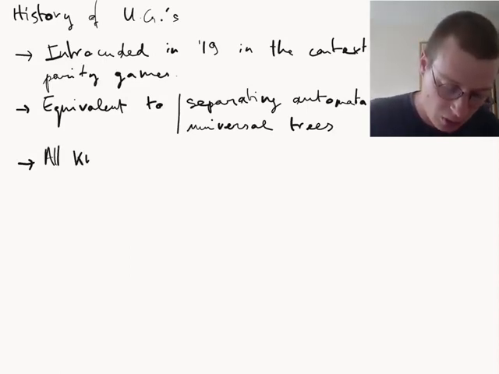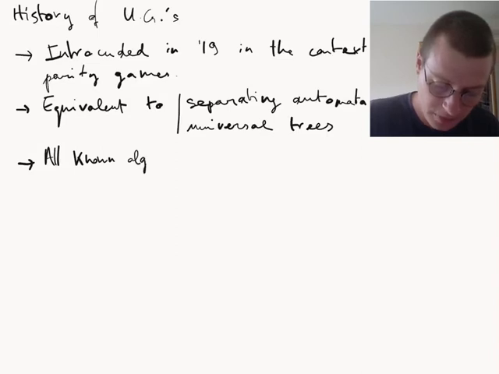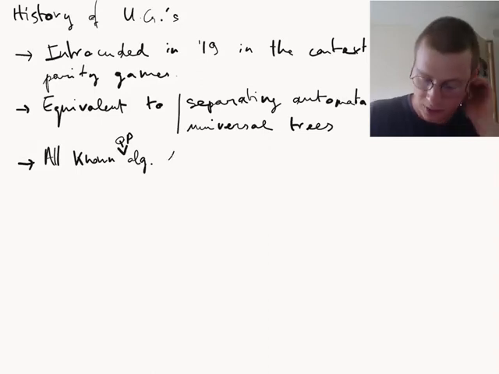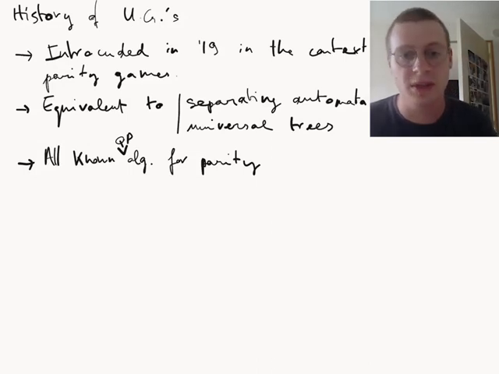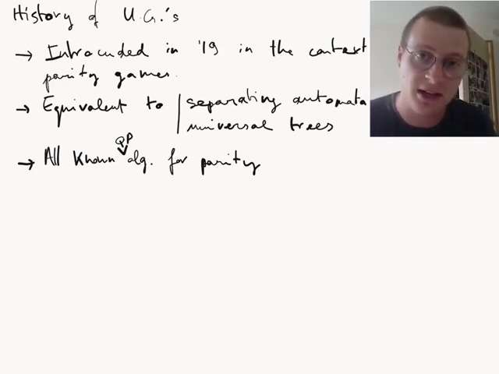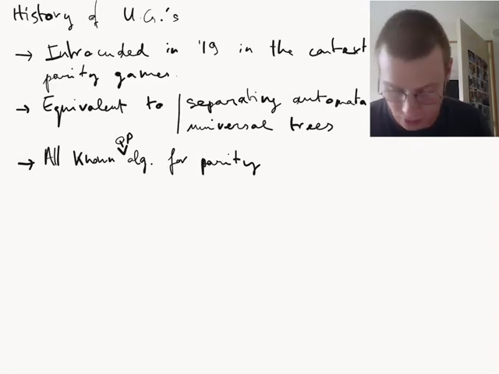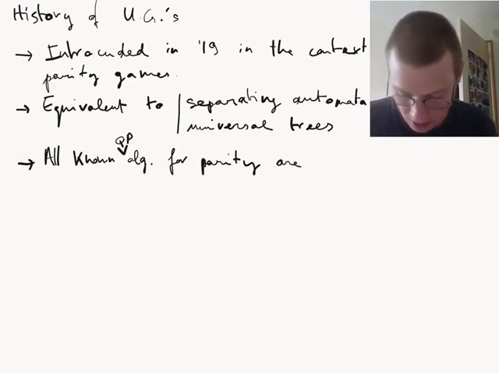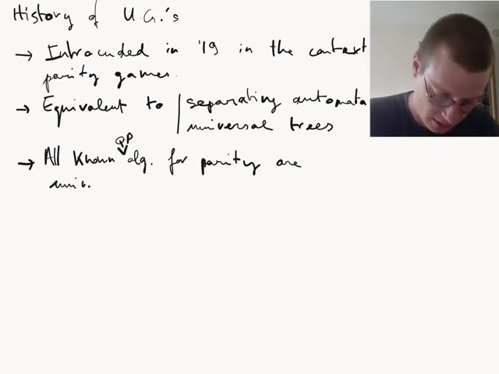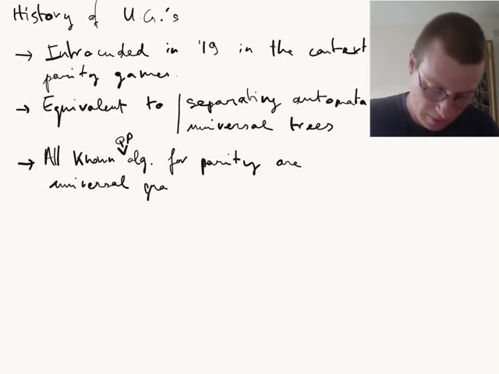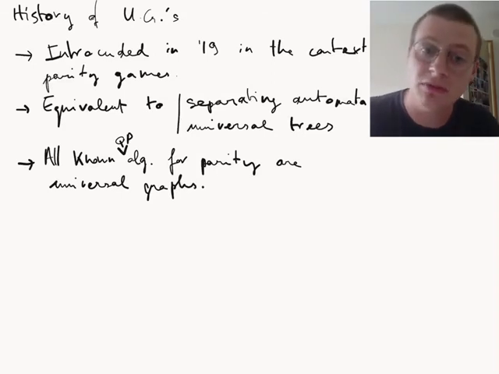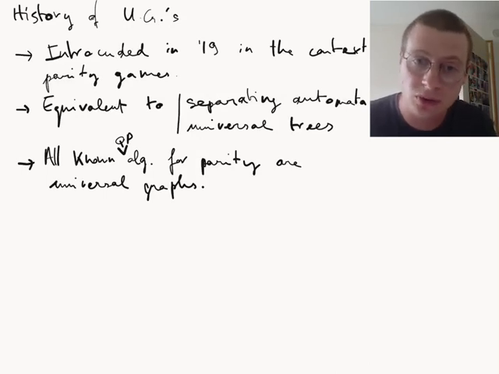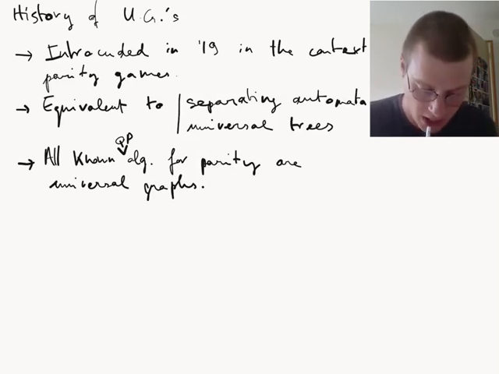And actually, all known quasi-polynomial time algorithms for parity games can be formalized as constructions of universal graphs. So that's an important point: universal graphs can capture all known quasi-polynomial time algorithms.